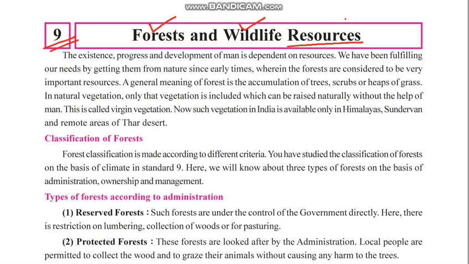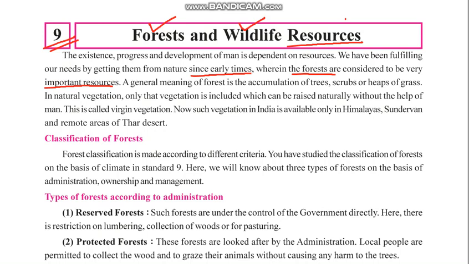So we have got these resources from nature without any cost, without any money, from ancient times, and we have been using them, wherein the forests are considered to be a very important resource. We know the forests are considered one of the most important resources of any nation. The better the forest resource, the more developed the nation can be.